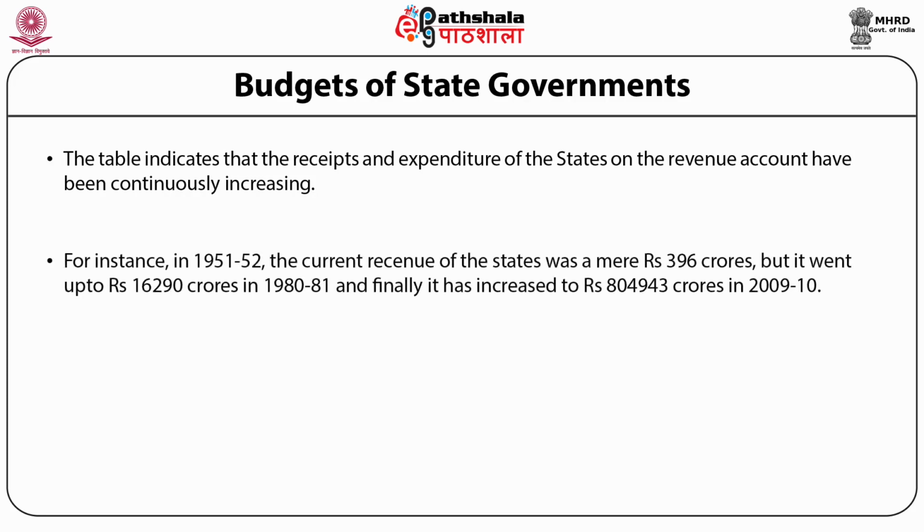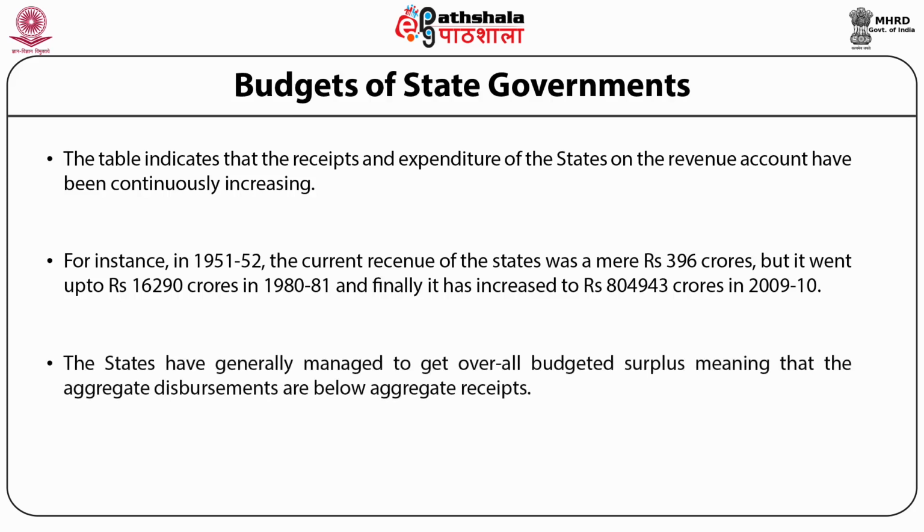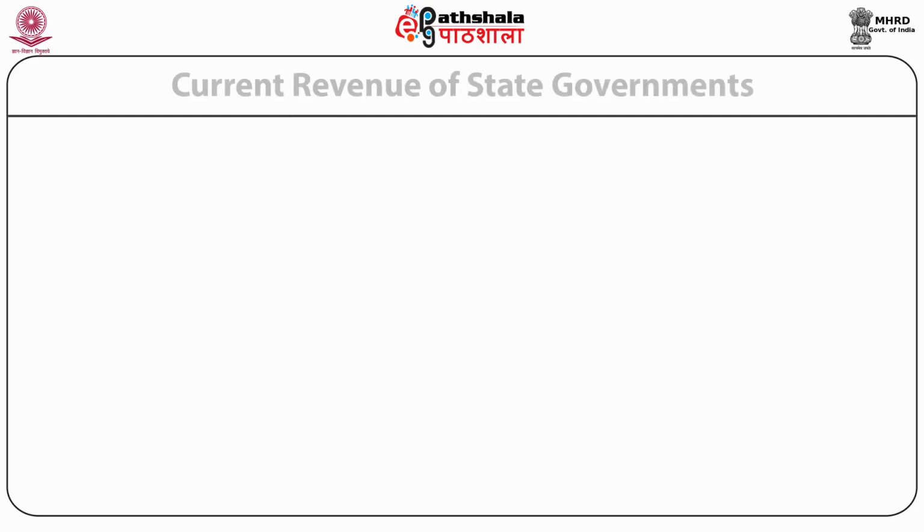For instance, in 1950-51, the current revenue of the state was a mere 396 crores, which rose to 16,290 crores in 1980-81. So the states have generally managed to get an overall budget deficit, meaning that aggregate disbursements are below aggregate receipts. The current revenue of state governments.